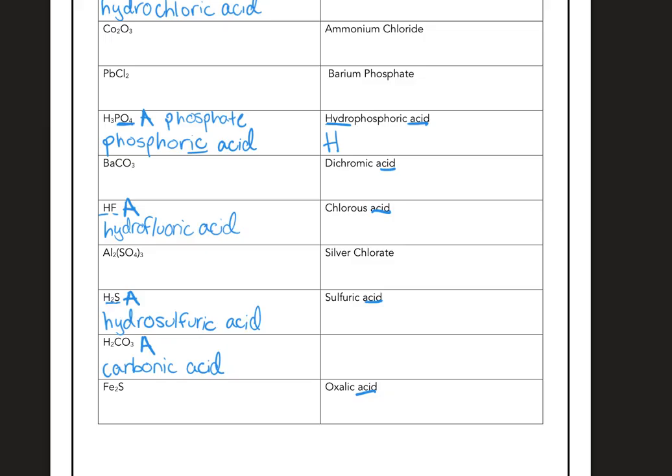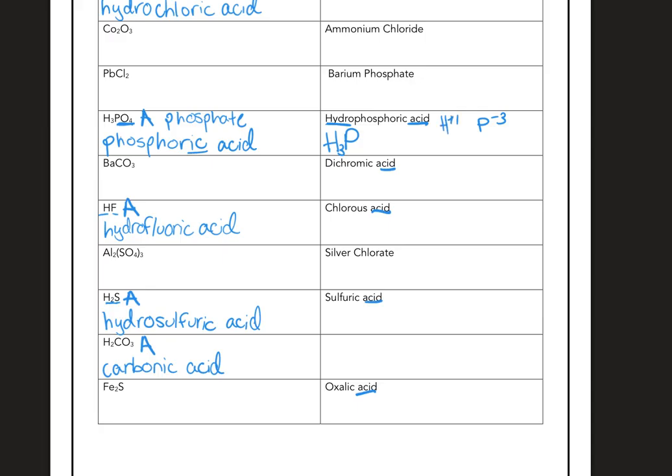So hydrophosphoric, phosphoric sounds like phosphorus, HP. Now, don't forget, we need to balance out the charges. So phosphorus has a charge of -3. And so in order for my compound to have their charges balance out, I need to have 3 hydrogens, because remember, hydrogen has a +1 charge.